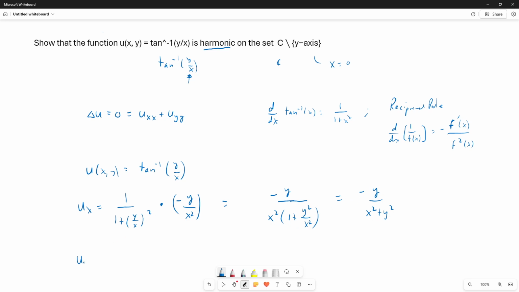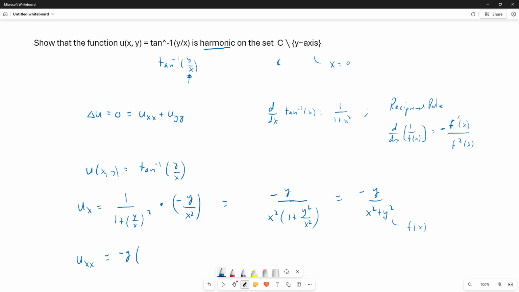So now we need u sub xx. And this is where we really need the reciprocal rule. The numerator is a constant, so we can just leave the negative y there. And then we have the function 1 over f of x, where f of x is x squared plus y squared.